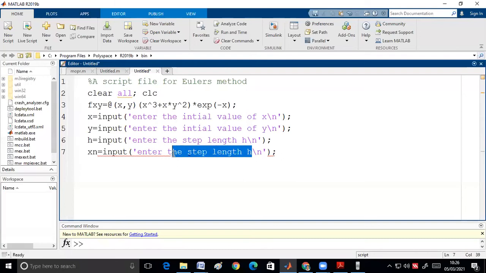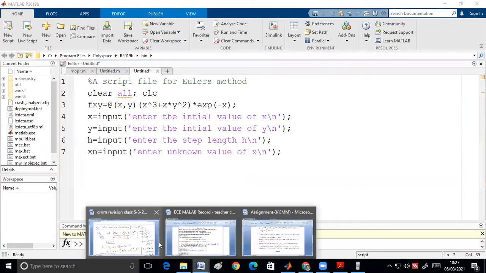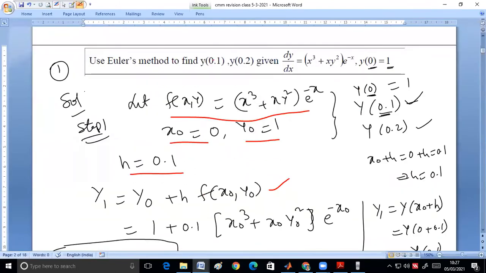Unknown value of x. So in this situation, give 0.2 directly. Initial value is 0, final value is 0.2, step size is 0.1, then n becomes 2.